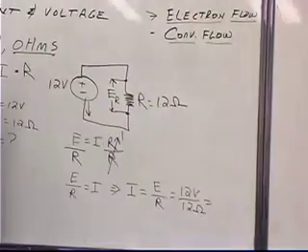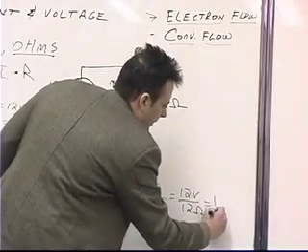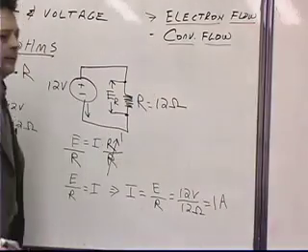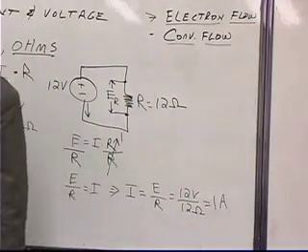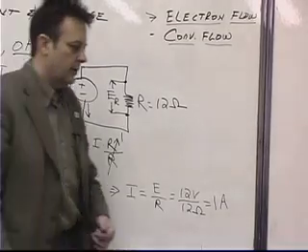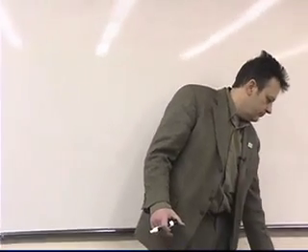And what do we get? 1. We get 1. And current is measured in what unit? Amperes. In amps, in amperes. And a little bit further into our discussion, we'll talk about what amperes are.